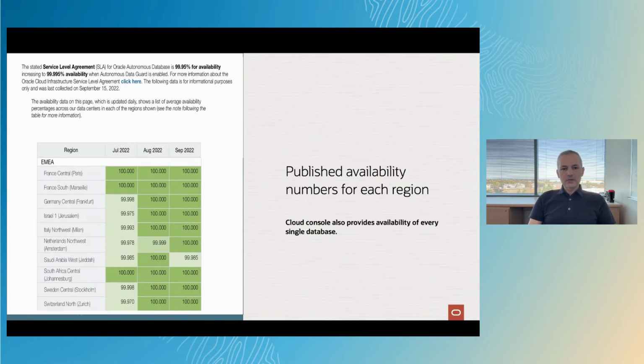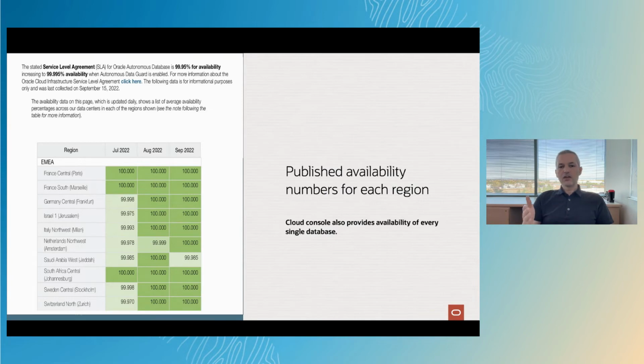We are the only database cloud service in the market that provides availability numbers for each region. So if you search on the web for Autonomous Database regional availability, you'll be able to see a public page that shows you the availability numbers for the last 3 months for each Oracle Cloud Infrastructure region.